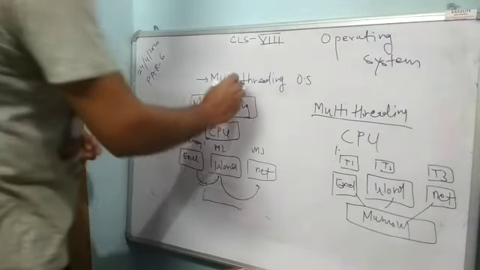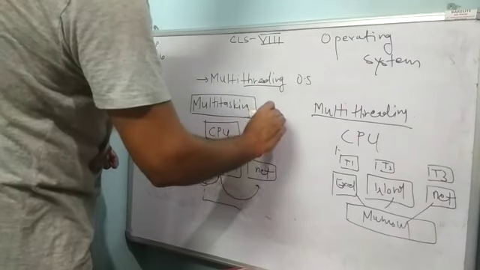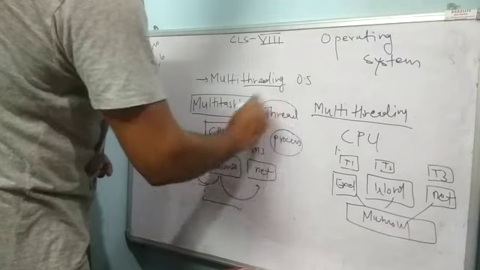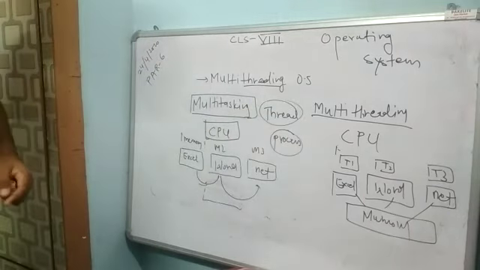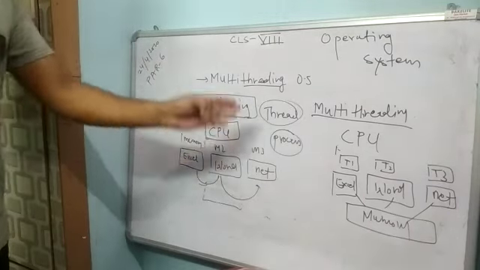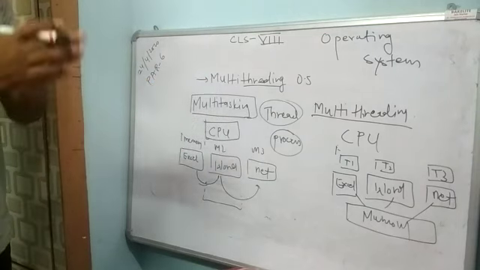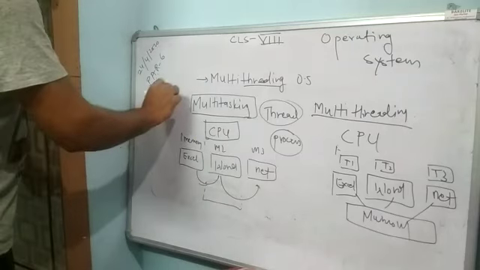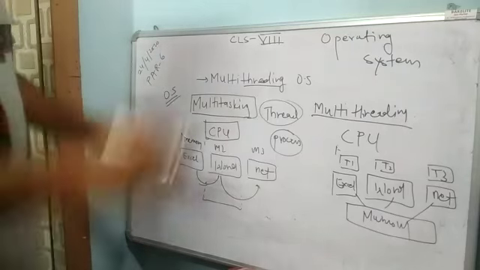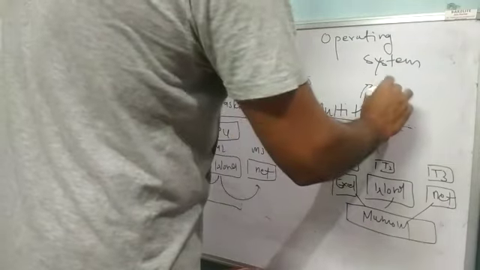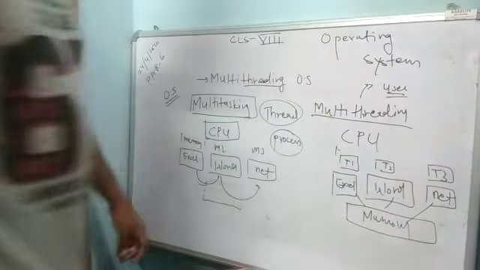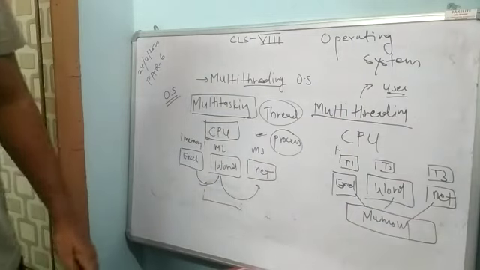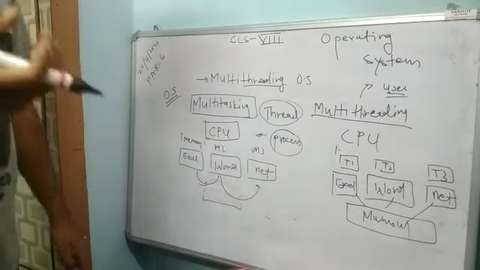Now let's understand what a thread is. There is a difference between a thread and a process. Multitasking can be managed only by the operating system, but multi-threading is managed by the user itself. A process is a program or set of instructions being executed.